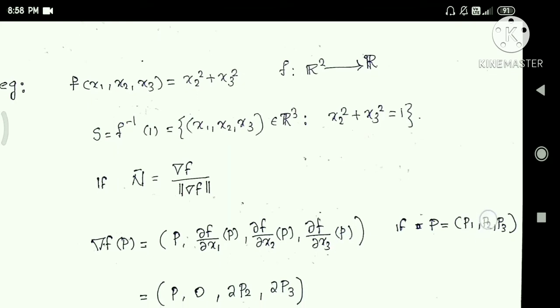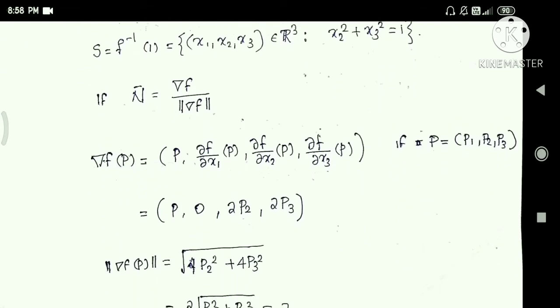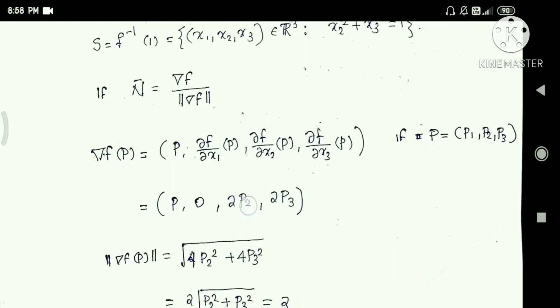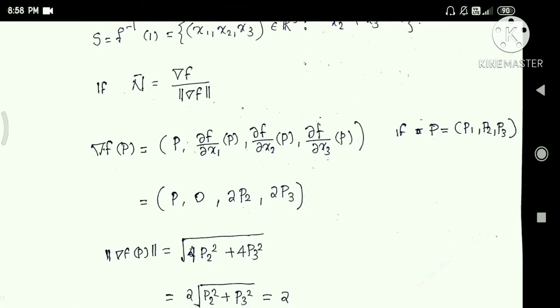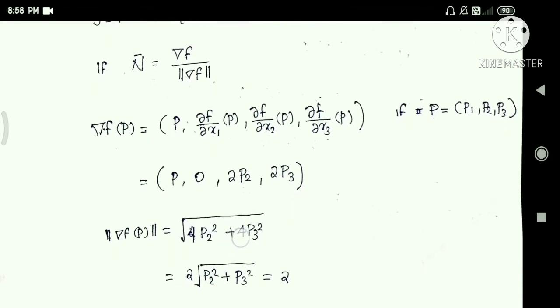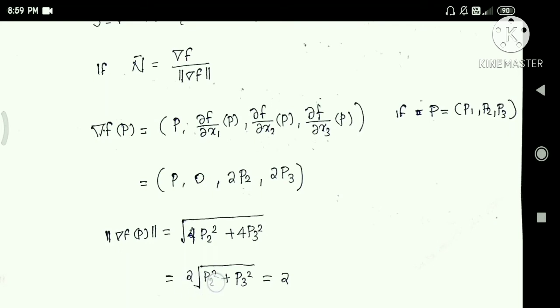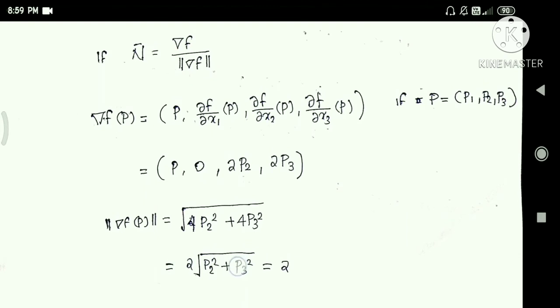If p = (p1, p2, p3), then grad f(p) = (0, 2p2, 2p3). And the norm of grad f is the square root of 4p2^2 + 4p3^2, which is 2 times the square root of p2^2 + p3^2.